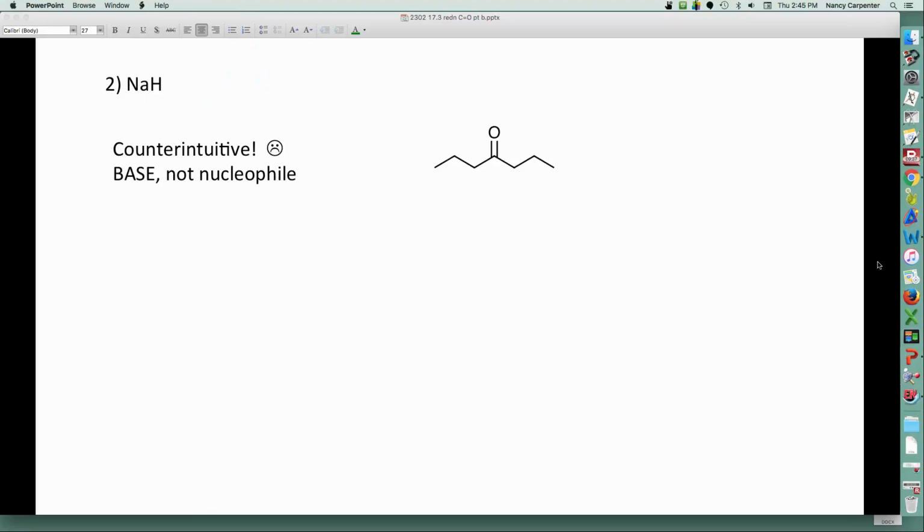It's totally counterintuitive. So when we have a carbonyl and we treat it with hydride reagents, we actually have electrophilic sites at two places. We have, of course, the carbonyl carbon, which is where reduction takes place, but we also have the fact that the alpha hydrogens can be deprotonated to make the enolate, and we've seen that for a long time.